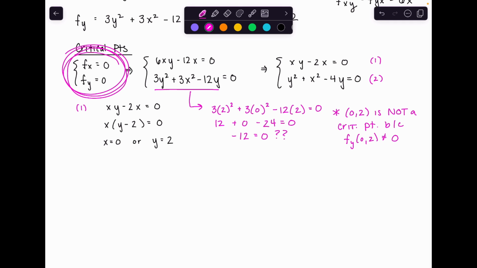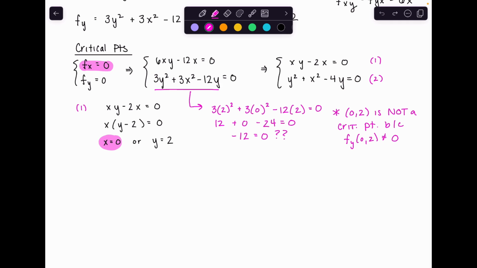So the number one mistake that happens is students end up finding more critical points than they need to by just pairing together all of these possibilities. Instead, I know if x equals 0, the partial with respect to x is 0. What I want to do then is, okay, if x is equal to 0, what does y have to equal to make the second equation equal 0?